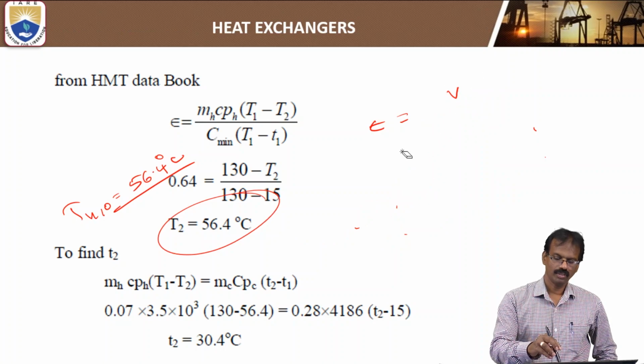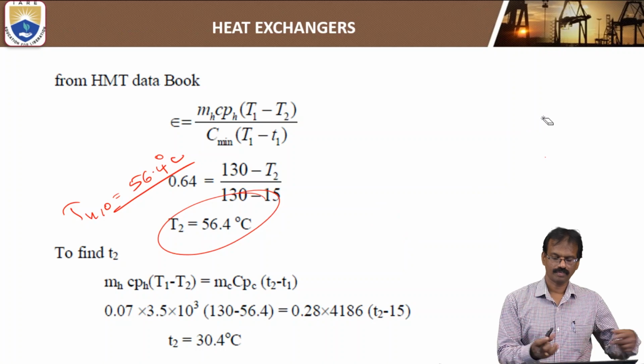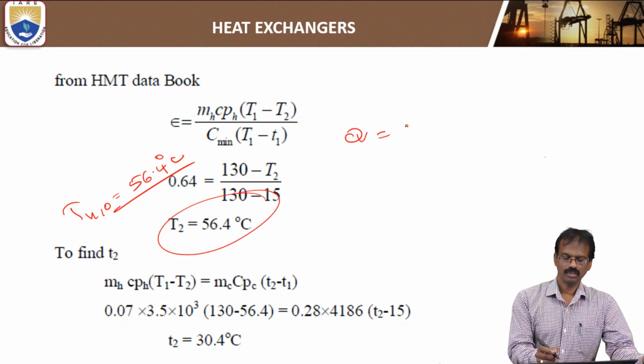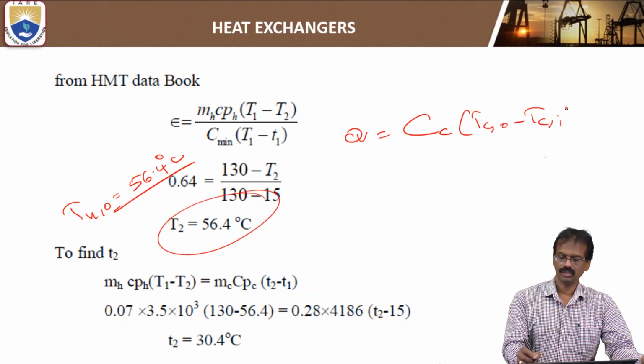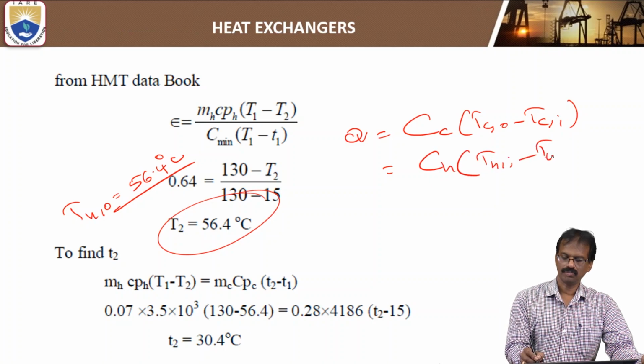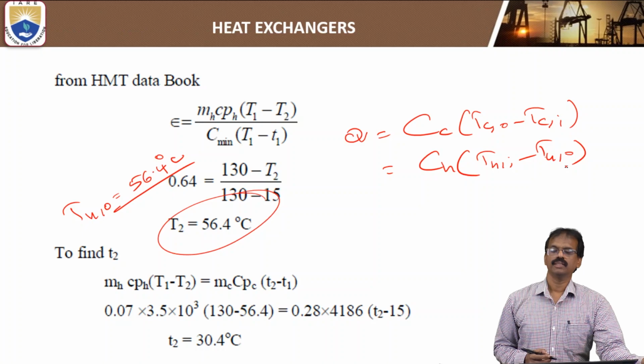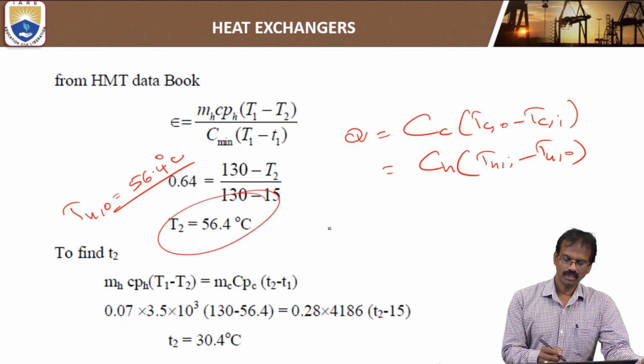These formulas are Q is equal to capital CH... Q is equal to capital CC into (hot fluid outlet minus cold fluid inlet) is equal to capital CH into (hot fluid inlet minus hot fluid outlet). Okay. So then you can equate these, from which you have to find out the TC0.